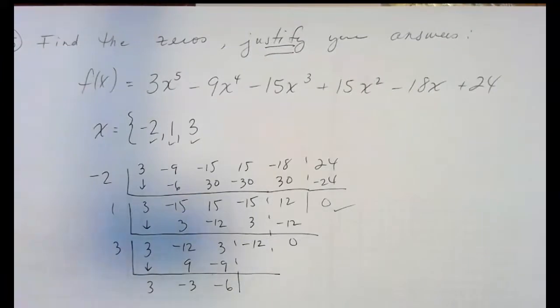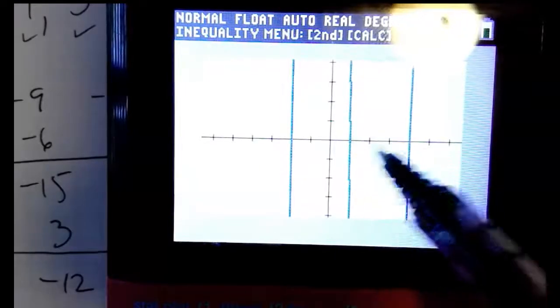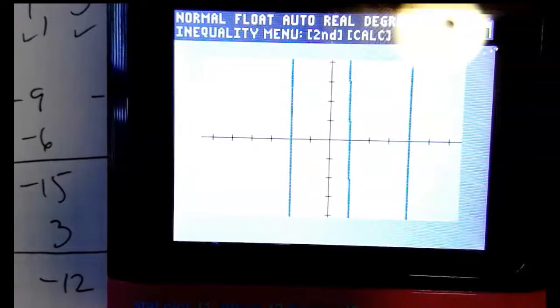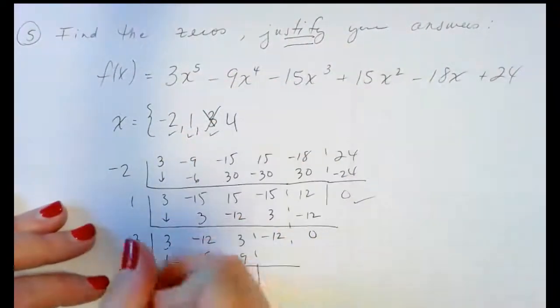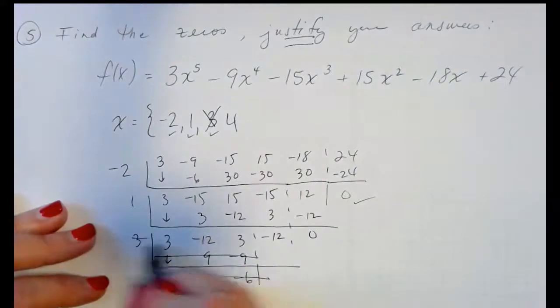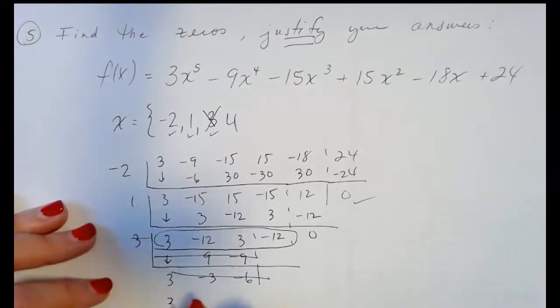When I divided, it's because I can't count. 1, 2, 3, 4. It's not 3, it's 4. So let's go back and change that. Not positive 3, but 4. And let's just get rid of all that. I still need that, so I'm going to bring it down. 3, negative 12, 3, and a negative 12.